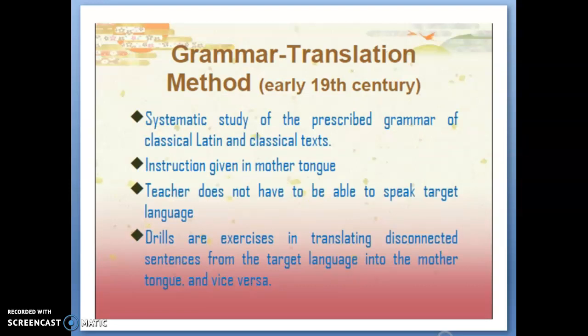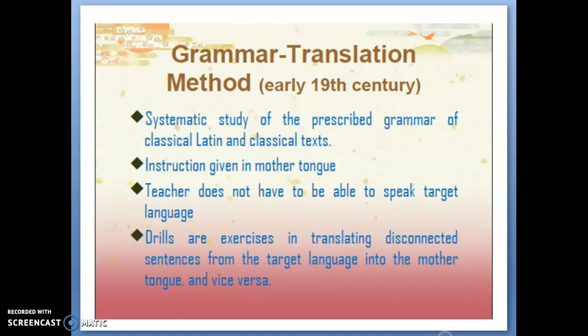First, it is grammar translation method. It is the first method in the early 19th century. Grammar translation method is a systematic study of the prescribed grammar of classical Latin and classical text. Instruction is given in the mother tongue.